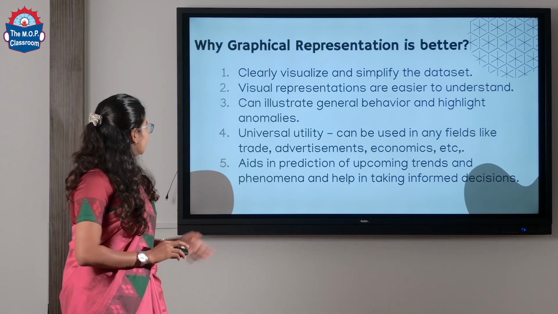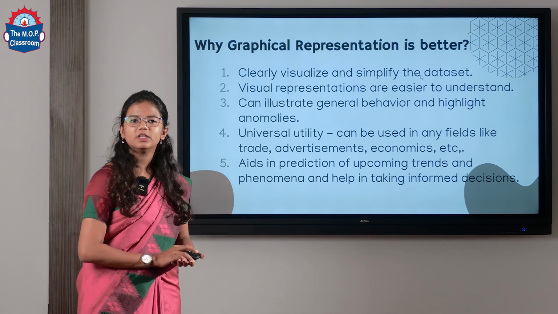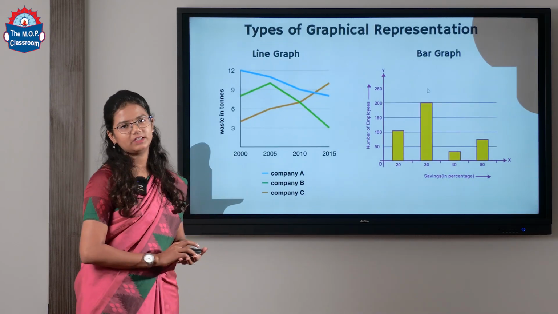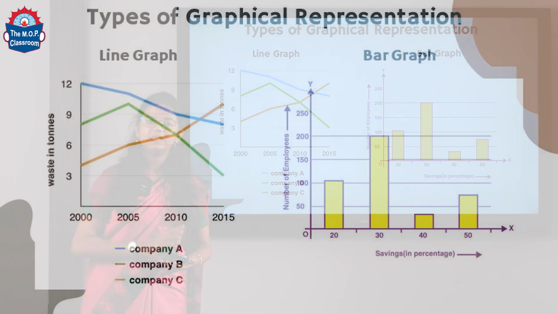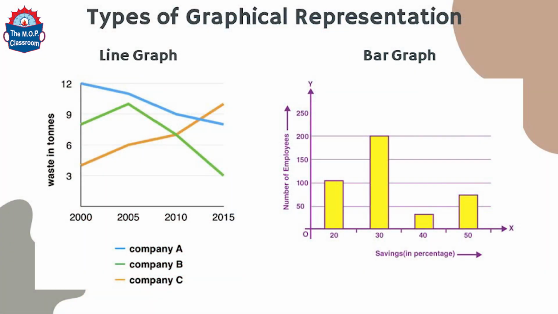And we are going to be looking at the different types of graphical representation. There are many different graphical representations. In this video, we will be looking at 4 different components of graphical representation. First is the line graph. As the name suggests, the data is represented through a graph using lines.